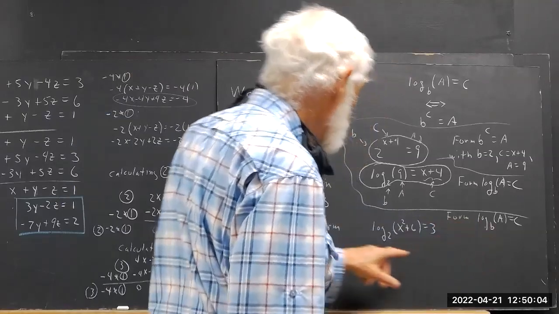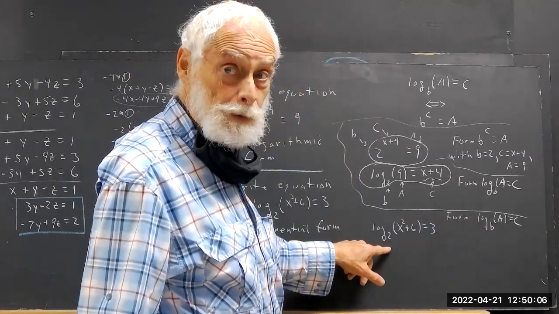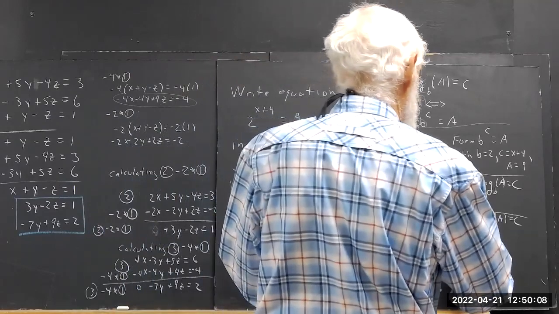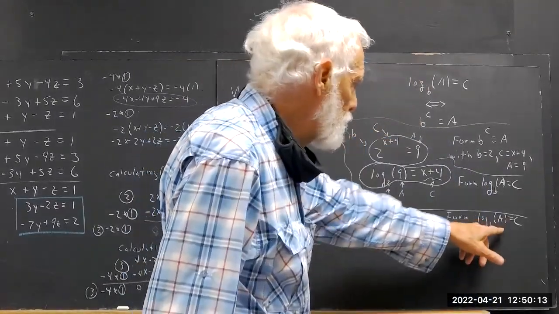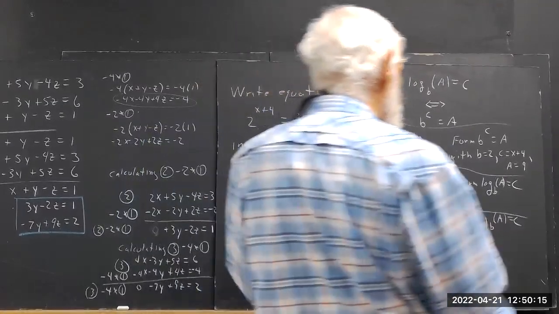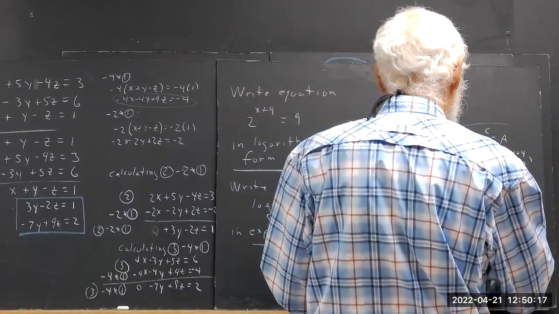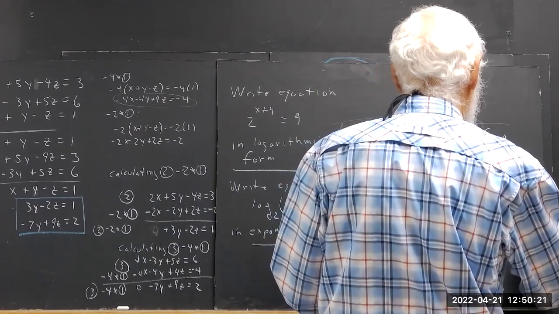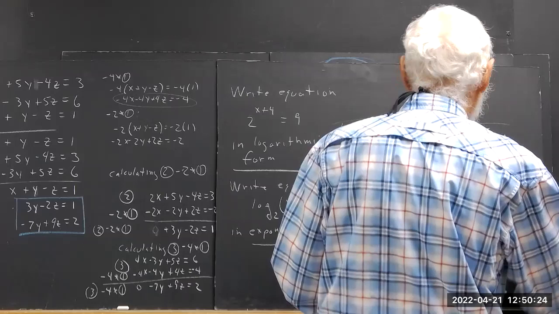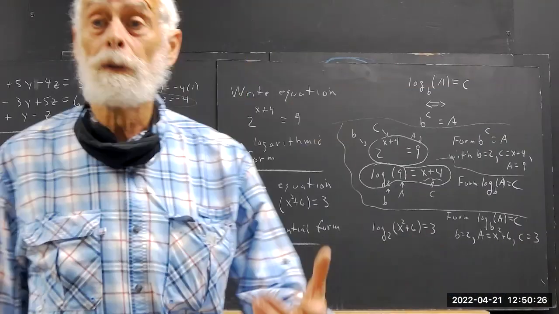Well, it's log base 2, so B's got to be 2. A is what you're taking the log of, that's x squared plus 6. And C is what's on the other side of the equal sign, that's 3.